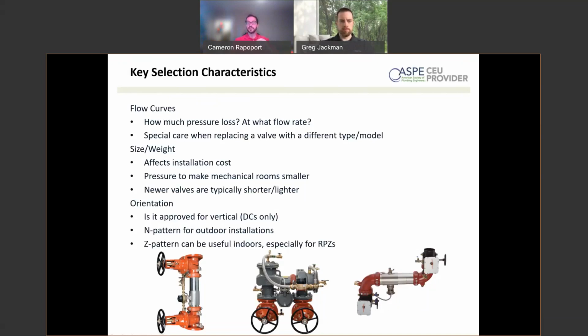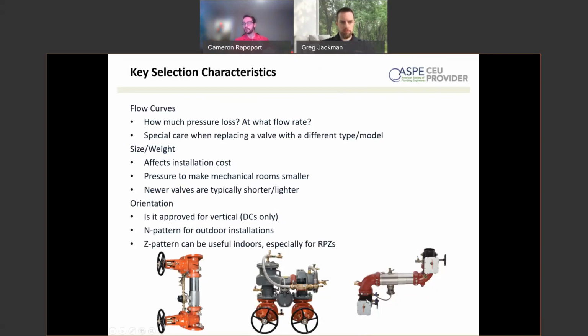You can also use these, especially the Z pattern, if you're installing a valve and you have to install an RPZ. You don't have a lot of room, and typically you'd want to go up out of the floor into the backflow preventer, then up into the rest of the riser system. These Z patterns can help you save some room.